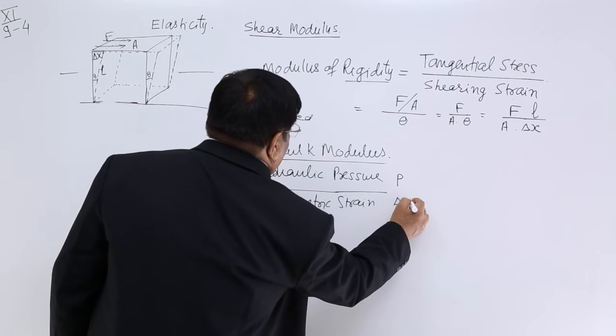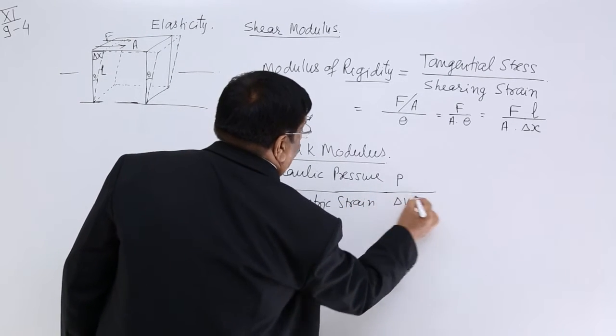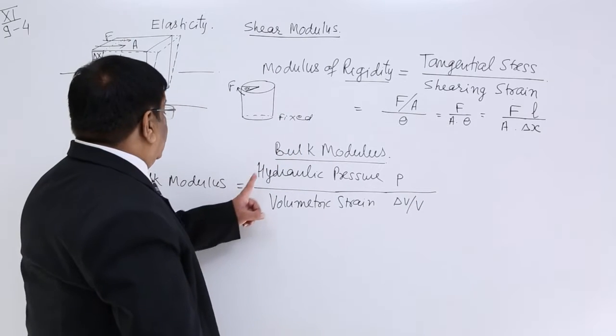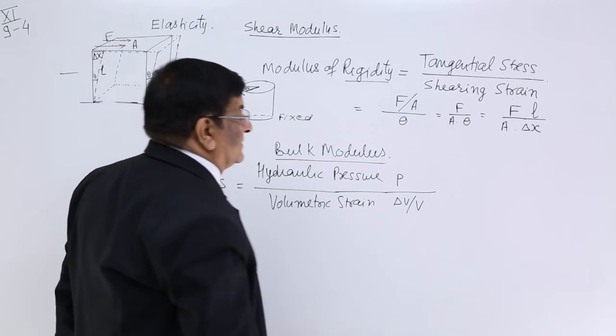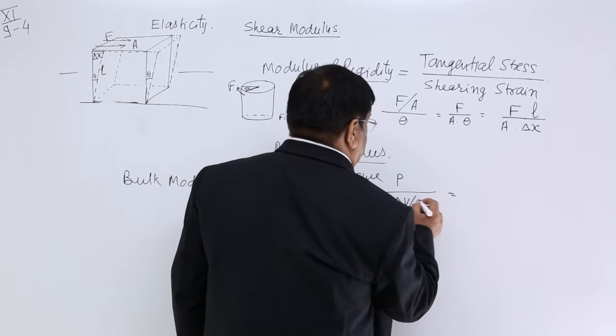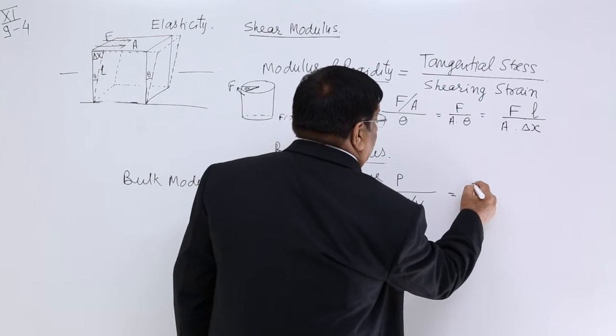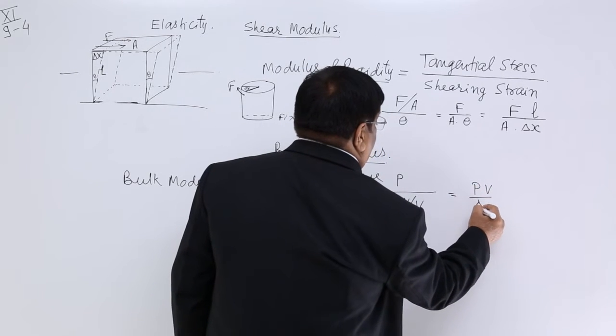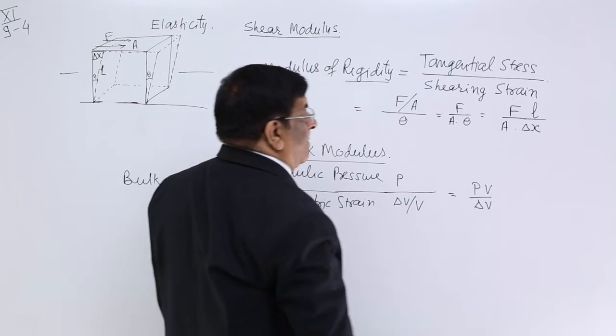How much is that? Delta V upon V. So this is the bulk modulus.